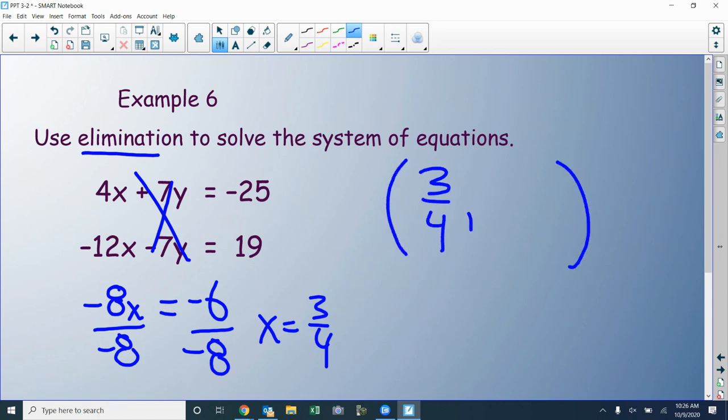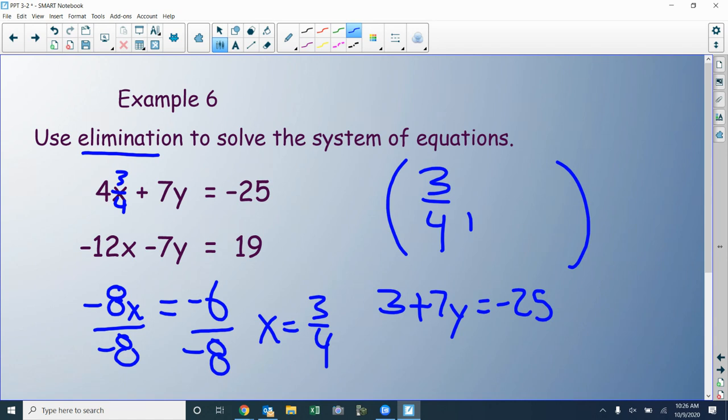So we got one of the two solutions, we gotta find that other one. Again, we've talked about this numerous times, it does not matter where we plug it in. Either one of these will work. If I put 3/4 here, I'm gonna end up with 3 plus 7y equals -25.